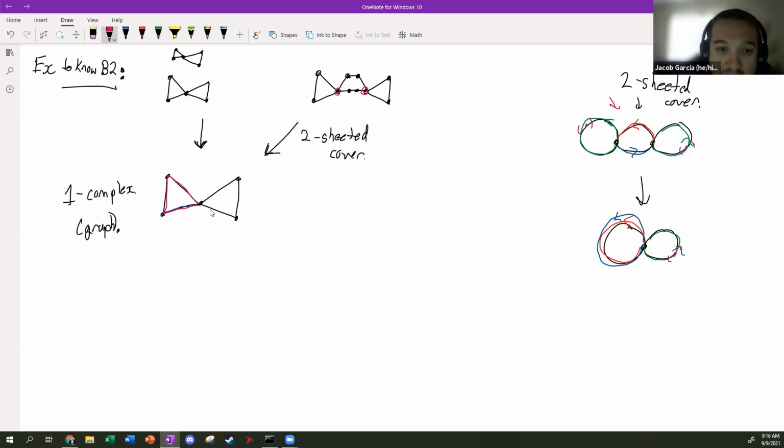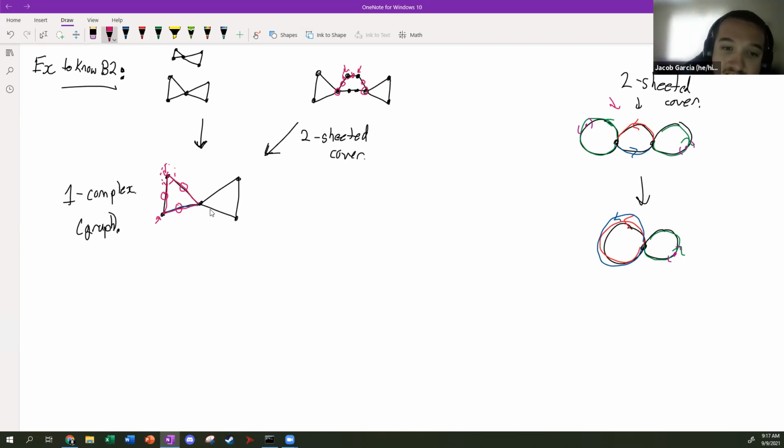So I need to have 3 edges and 2 vertices in that path in order to make this work, because the preimage of a vertex, if I'm going to cover a graph with a graph, should be a vertex.